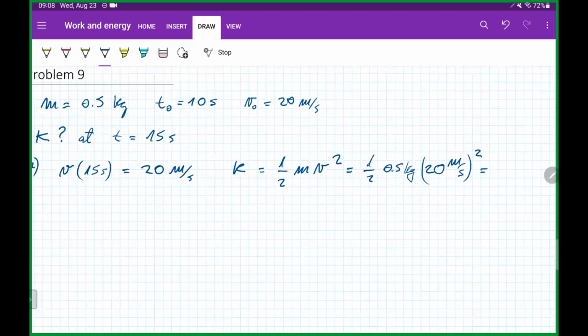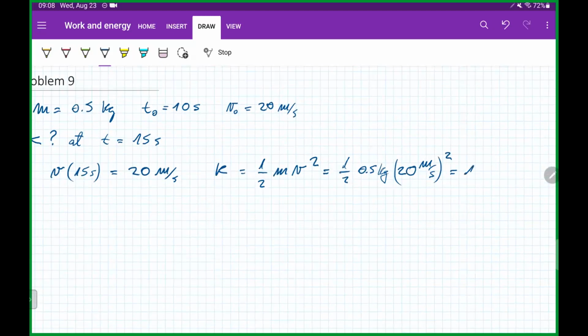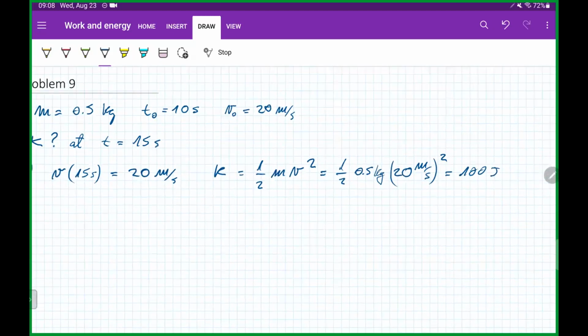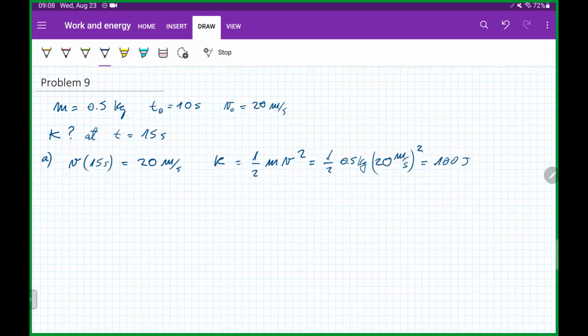And if you calculate that, you'll get 100 joules. All right. So this is directly applying the definition of kinetic energy that we got yesterday.